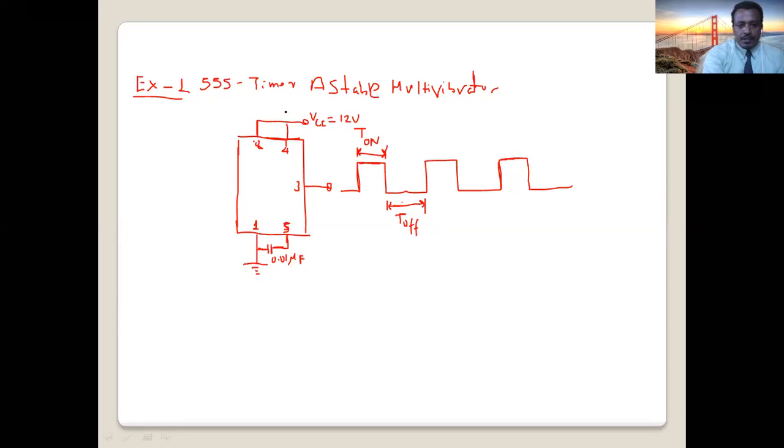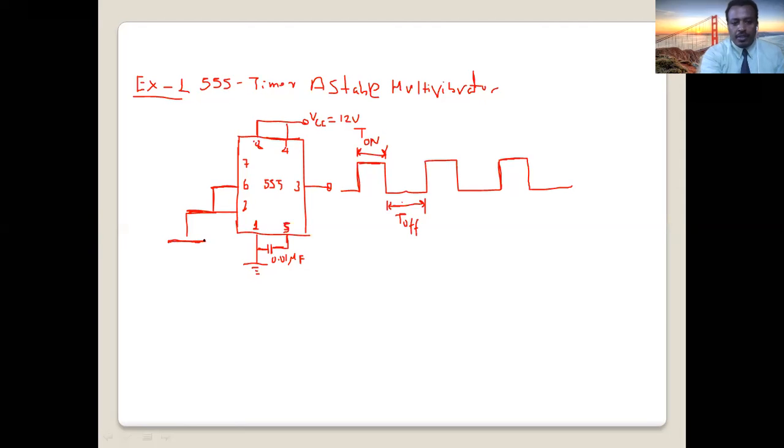So here we have pin number 7, discharge pin, pin number 6, and pin number 2. As you know, in 555 timer IC, pin number 2 and 6 are inputs, threshold and trigger input. So for astable multivibrator design, they are connected together, shorted, and connected to a capacitor.